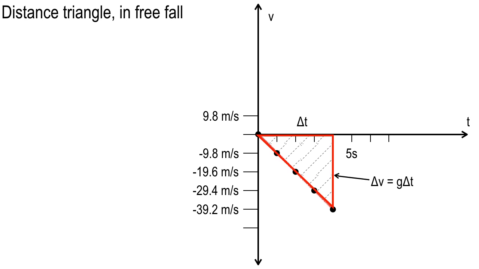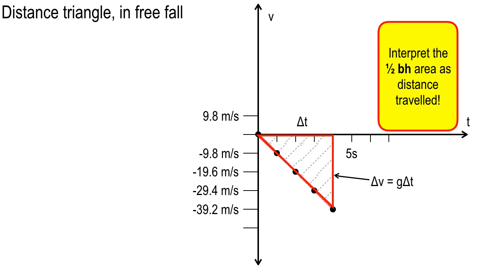But if you then shade in the polygon, in this case a triangle, you can interpret the area as the distance traveled, and we figured out the formula for that. You know, any old triangle, the formula is 1/2 base times height.